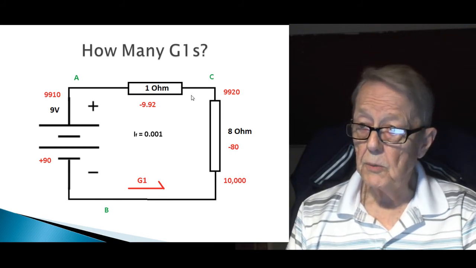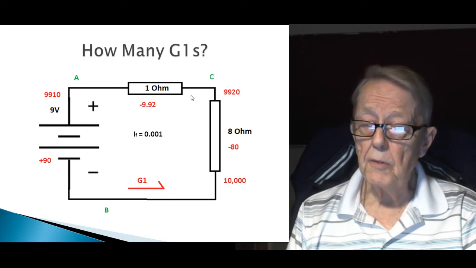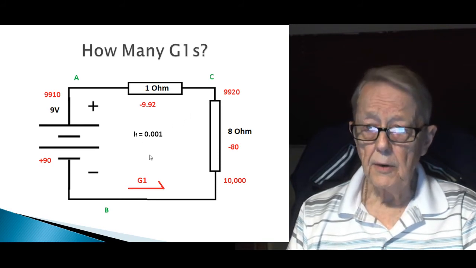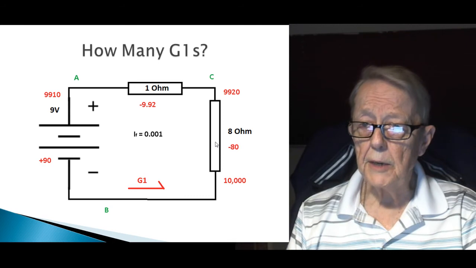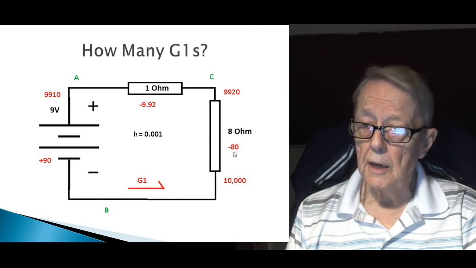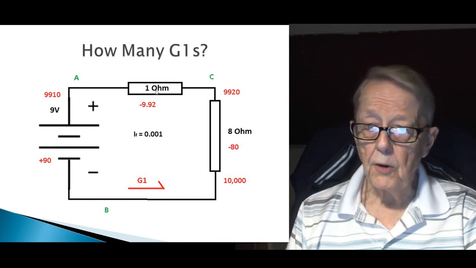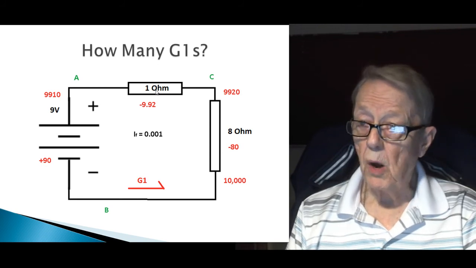That's a lot of G1s. When you think of the current flow here, the current through this 8 ohm resistor is the voltage lost, which is 8 volts divided by 8 ohms, which is 1. The current here is 1 amp.